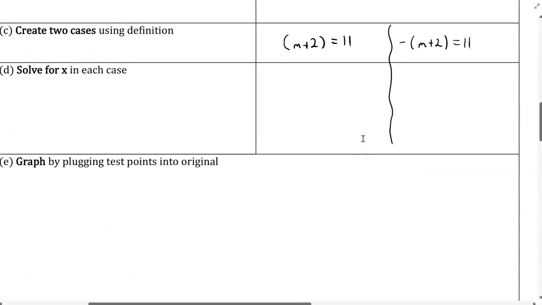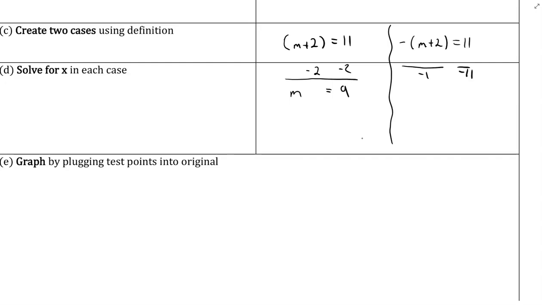And then now that we have our two cases, we can go ahead and solve for m. So for the first case, we will simply subtract 2 from both sides, leaving me with m is equal to 9. And then for the second case, we'll divide everything by negative 1, which leaves me with m plus 2 is equal to negative 11.